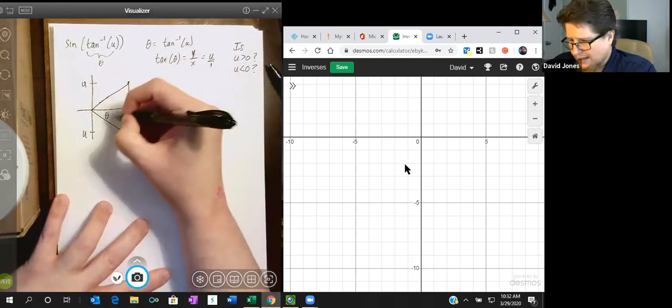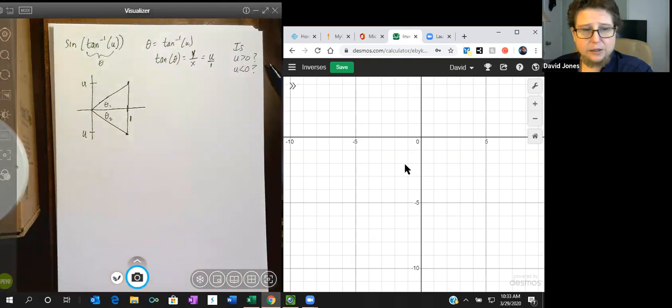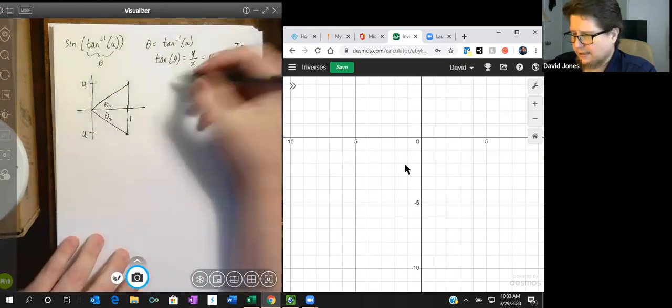So I'll call that theta 2, and this is theta 1. I don't know which triangle applies, so I need both. I'm looking for sine.